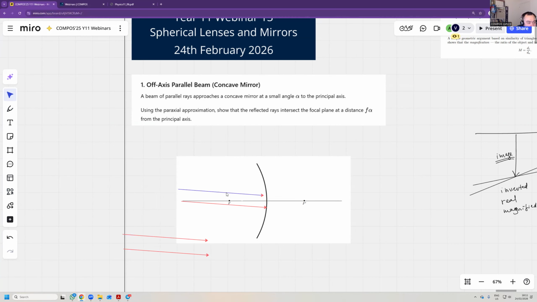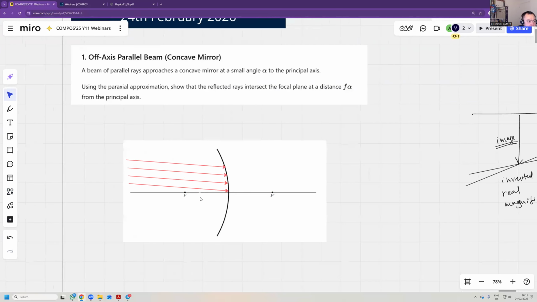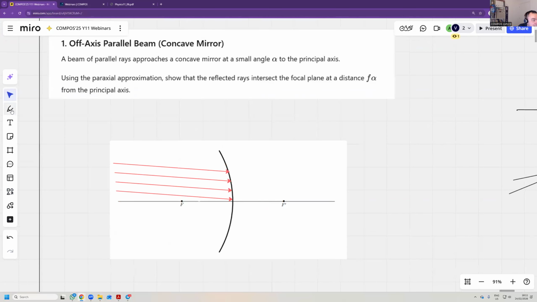It says to show that the reflected rays intersect at the focal plane. The focal plane is this imaginary plane containing the focal point.